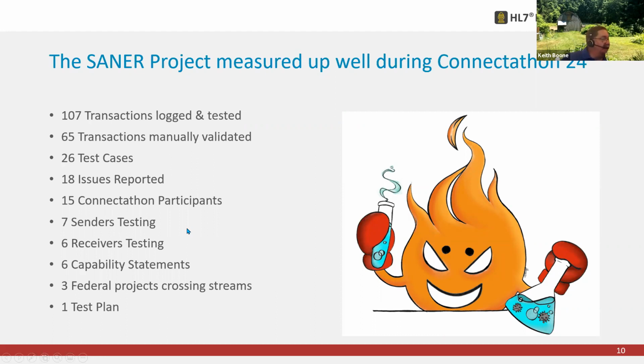We actually had 3 different federal projects, an ONC project that was supporting some of the early development of the SANER IG, the MITRE Inferno work, and the ONC IHE USA collaborative, all participating and working together during Connectathon. And we also developed and published in the implementation guide a test plan. That's going to be updated based on the results of the Connectathon testing.